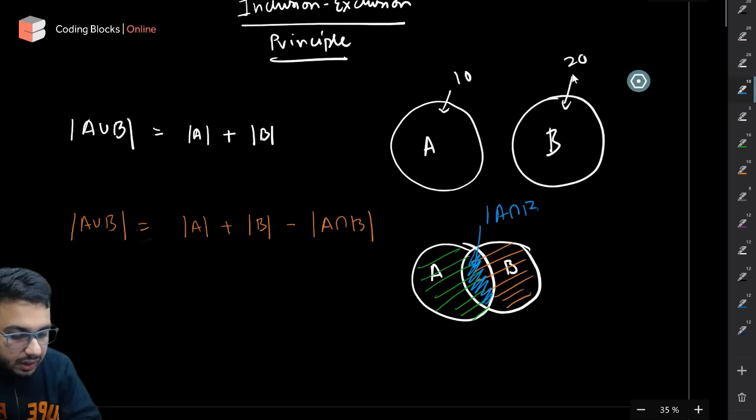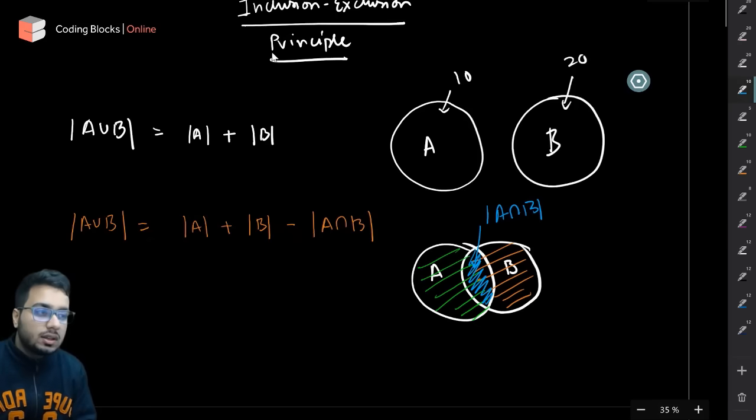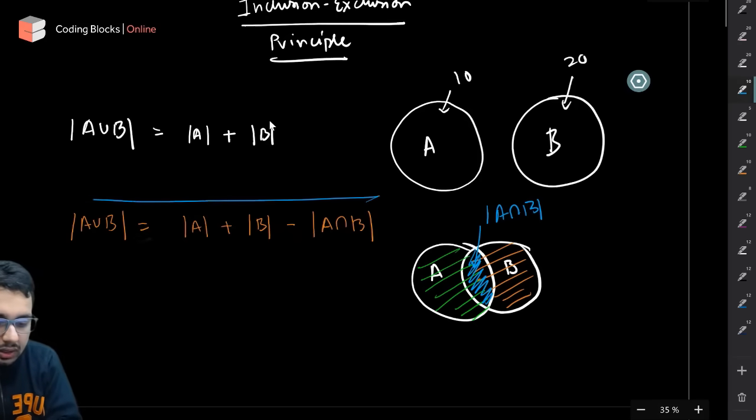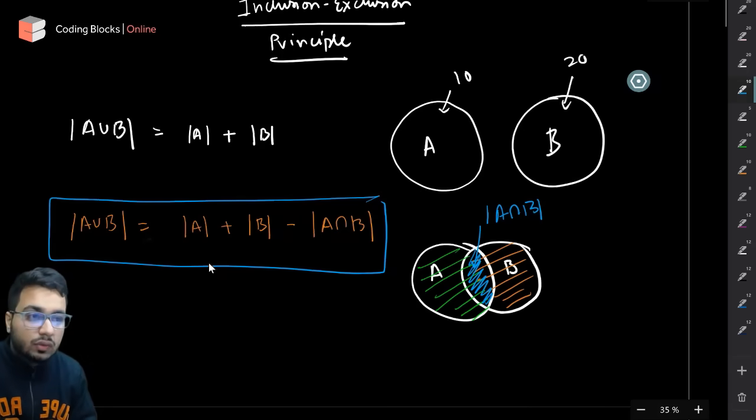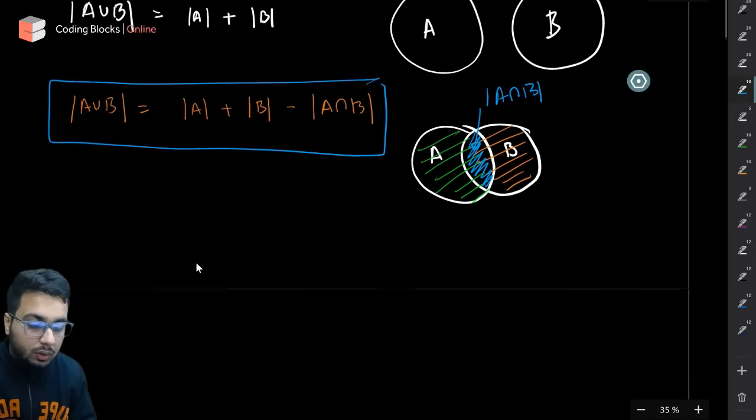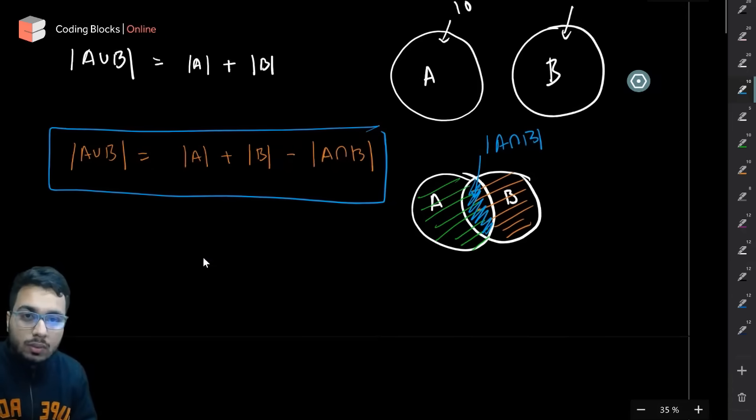So this is A intersection B. This is what the inclusion exclusion principle is all about. This formula has been written for two sets, but there can be more sets.